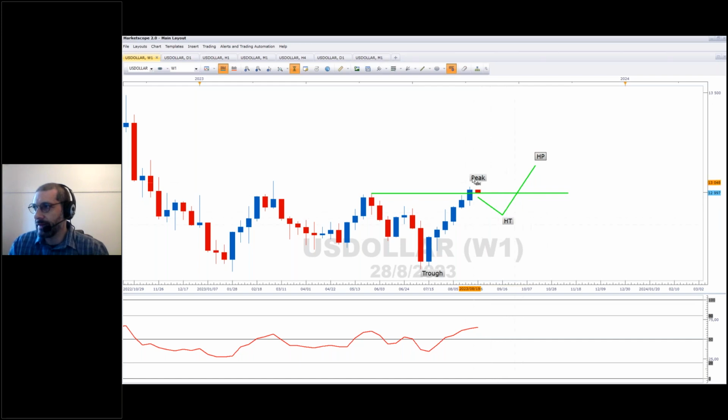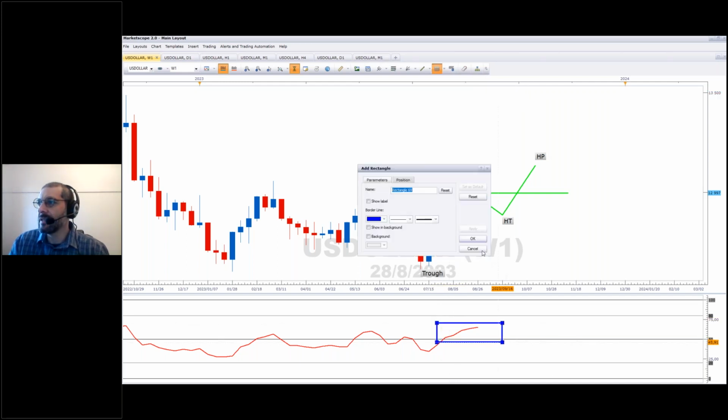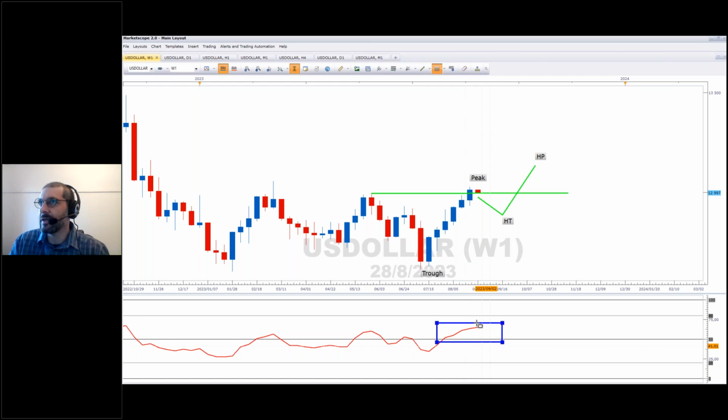The fact that we've taken out the previous peak here sets us up for a higher trough followed by a higher peak. Again, I think we've got to keep an eye on the real yield, and we're watching it like hawks at the moment. You can see that the RSI is above 50 here as well.